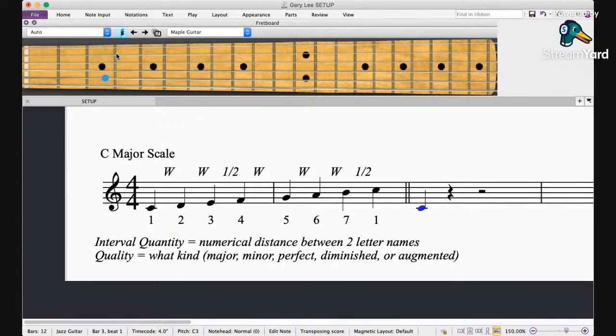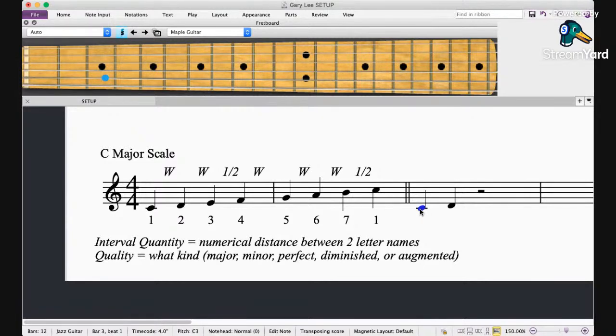Okay, it's not working the way I want it. That's okay. I'll put it here so you can see it. From C to D is a major second. Major seconds always have a whole step between them.